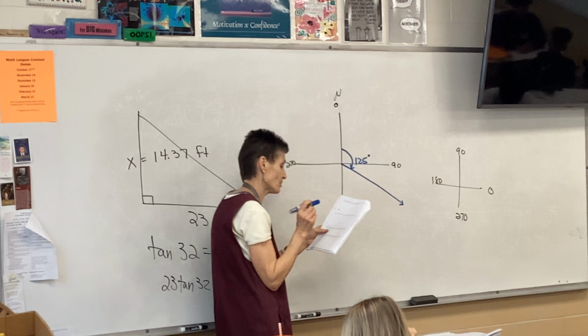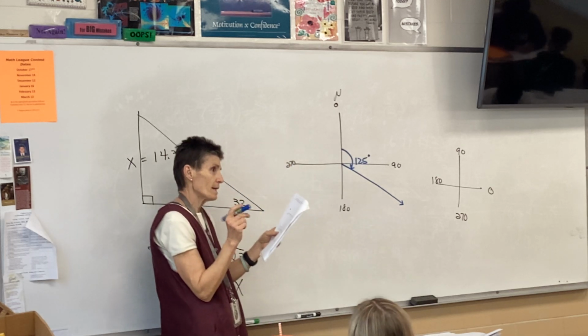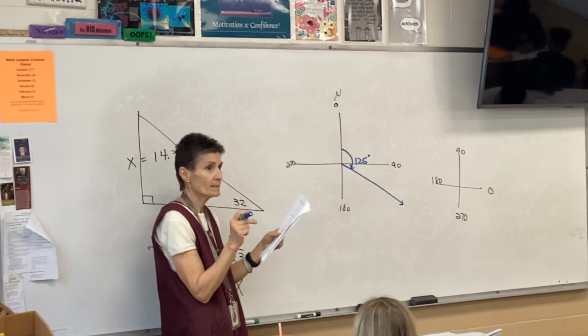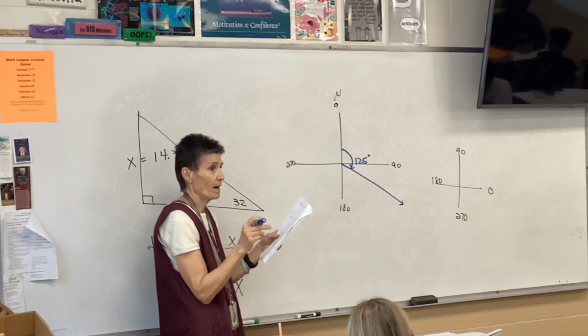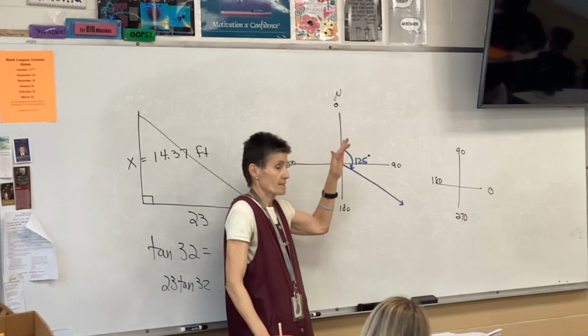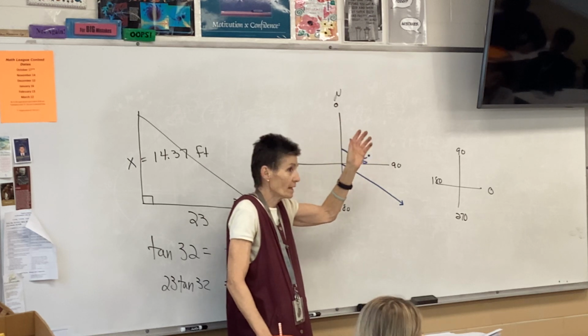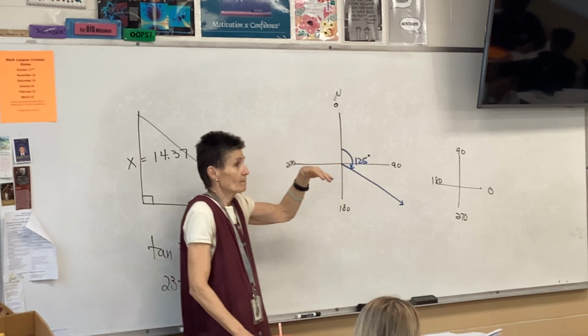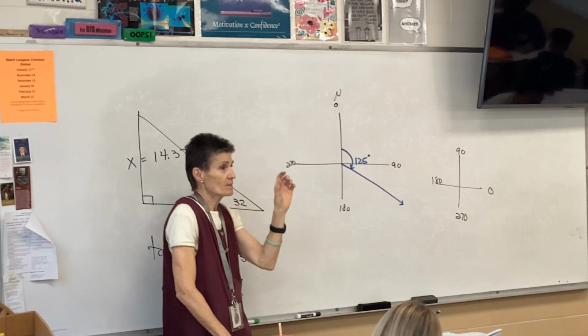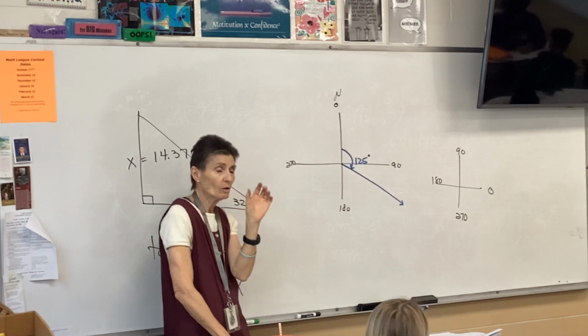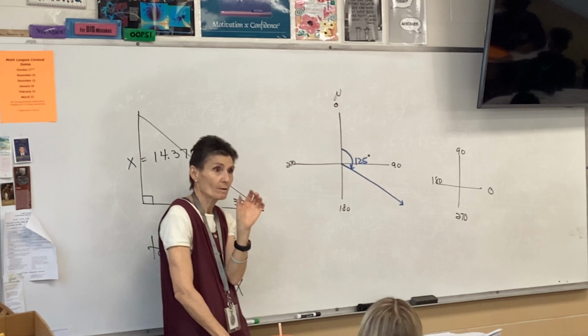The ship is traveling at a constant speed of 10 knots. How many of you have heard that word knots before when used in a navigation type problem, like an airplane flying or whatever? Knot is a unit of speed. It's nautical miles per hour.